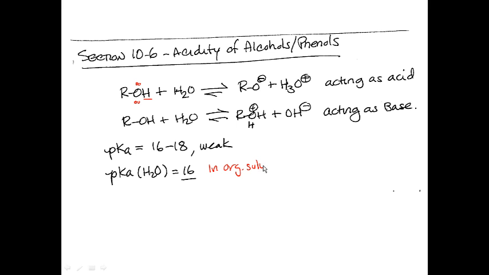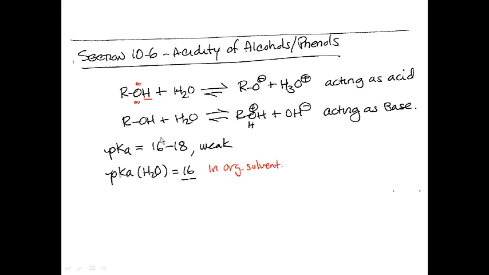So if you looked at that to begin with and said, wait, you don't remember your general chemistry, pKa of water is 14. It is in pure water, but when you go to an organic solvent, it changes a little bit. It turns out that alcohols are weaker acids, or at best equal acids to water.